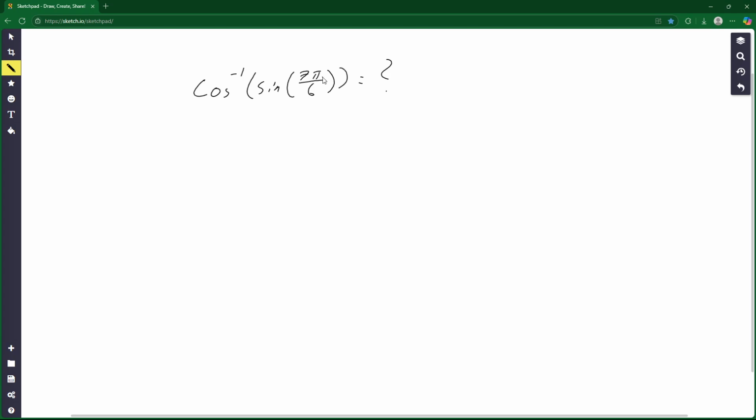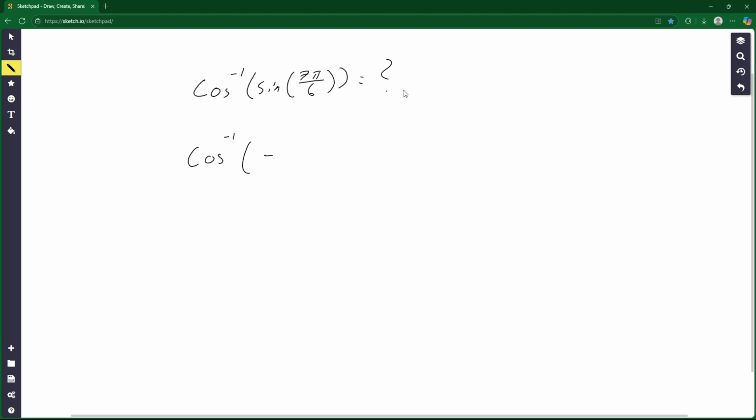Well, I know that it is past pi, so it's going to be in the third quadrant, meaning it's going to be negative. So we're going to have inverse cosine of negative something. Now what is pi over 6? Pi over 6 can be translated to 30 degrees, if that's easier to think in.